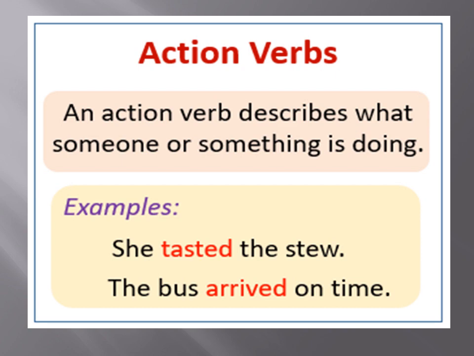An action verb describes what someone or something is doing. In simple words, you can say that action words indicate the action or work done by the subject. For example, she tasted the stew.